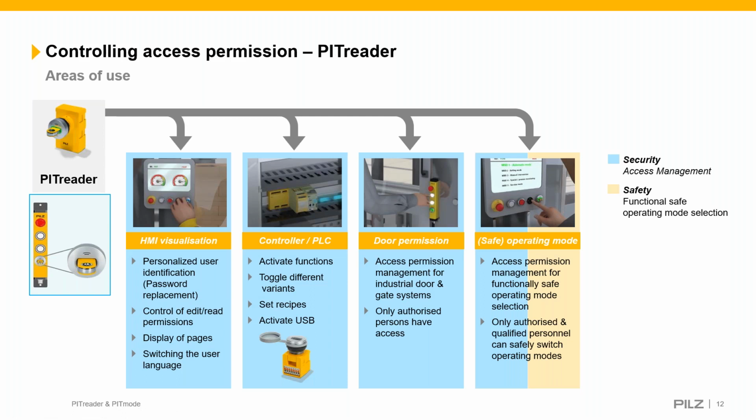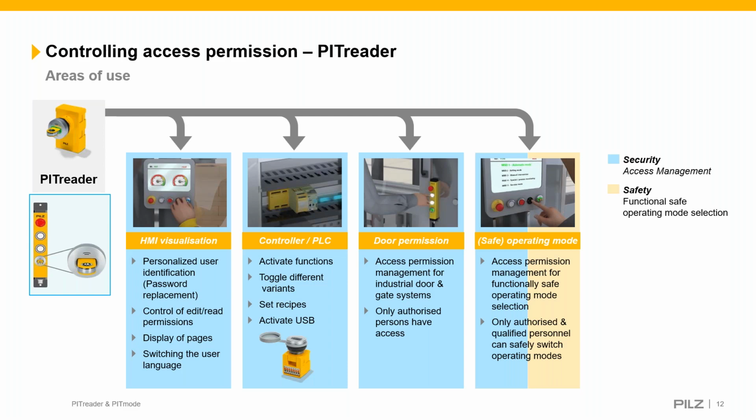And then we have the door access permissions. So the access permission management for industrial doors and gate systems. So any authorized person can have access. The benefit there really is, with conventional systems where you may have a key that resides with the door itself, like a trap key system, is you may have many keys on site for all of your doors.